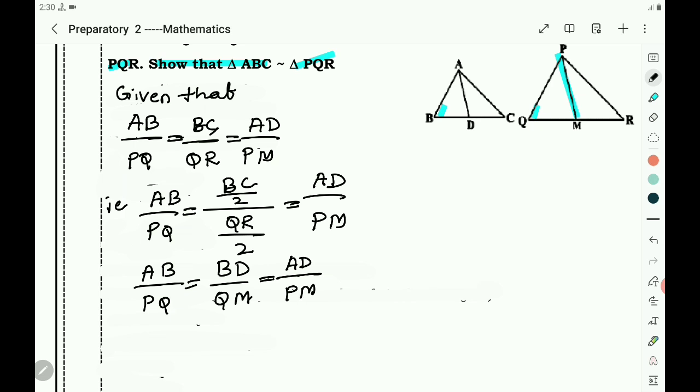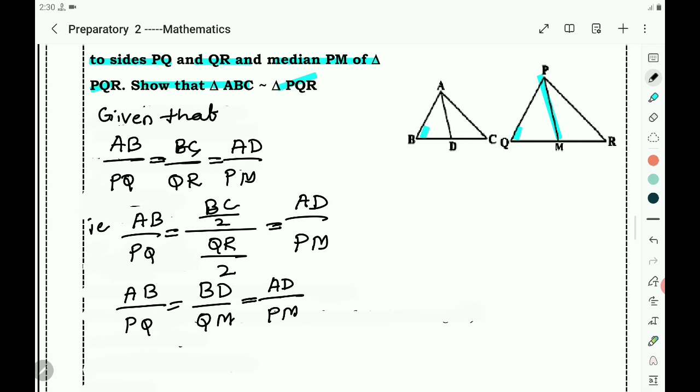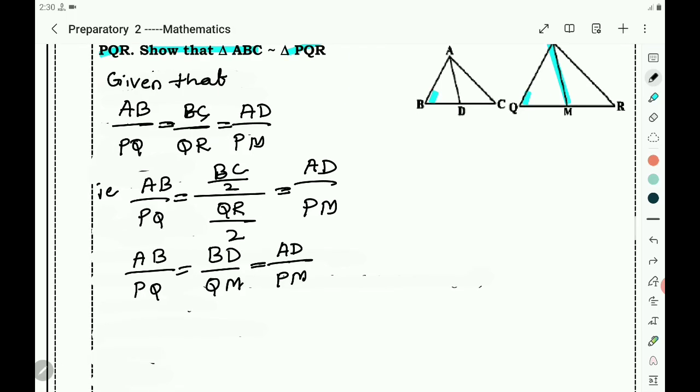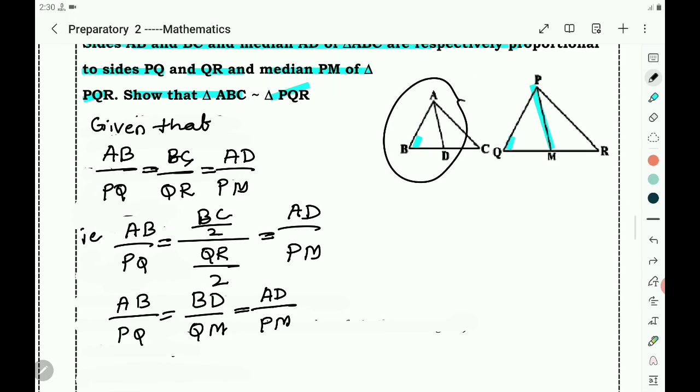Now you got that AB by PQ equals BD by QM equals AD by PM. According to SSS similarity criteria, you can have triangle ABD is similar to triangle PQM.